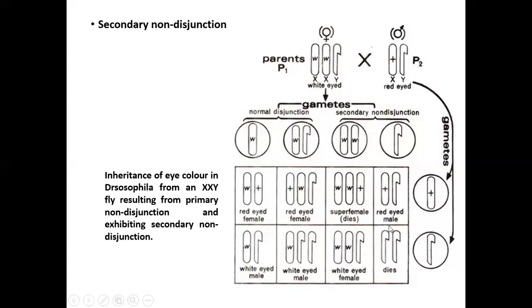But here, this is not actually a super male; it carries an abnormal case, where two Y chromosomes remain, which happens while pulling in the meiosis process. So this is all about secondary non-disjunction.